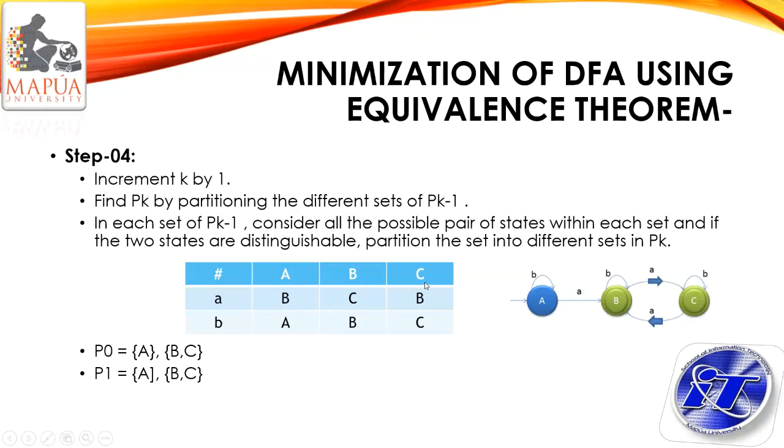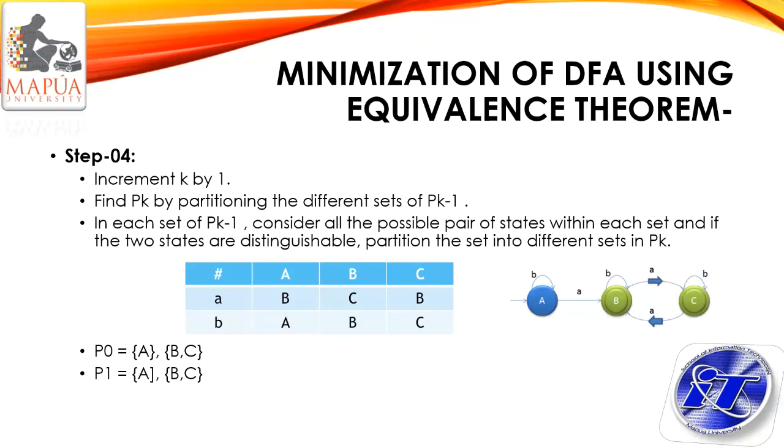How about C? When C encounters A, it will go to state B, which is still within the group. While when C encounters B, it will loop within C, which is part of this group. Therefore, the outputs of B and C after A and B are still within the group, so they are equivalent in equivalence 1.